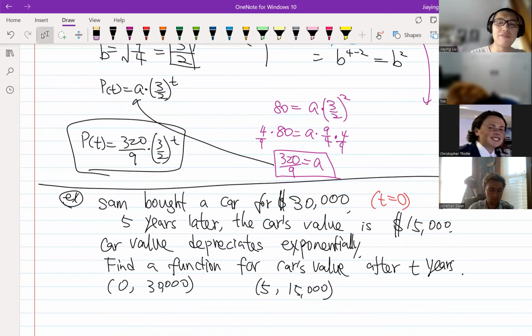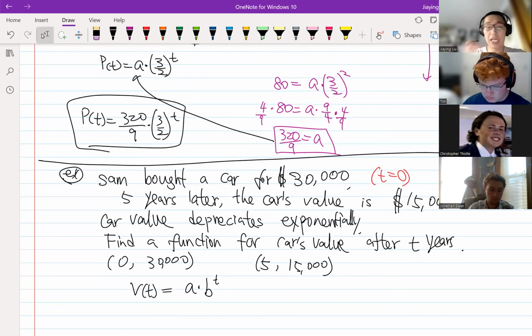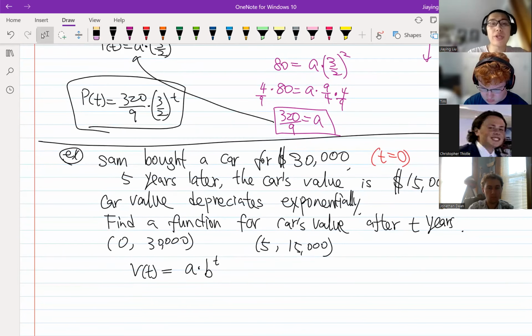I'm going to use v for value. So v of t equals a times b raised to the t. What do we know? We can plug in both points and end up with 2 equations. Or we can remember from the beginning that a is the y-intercept, also the initial value.